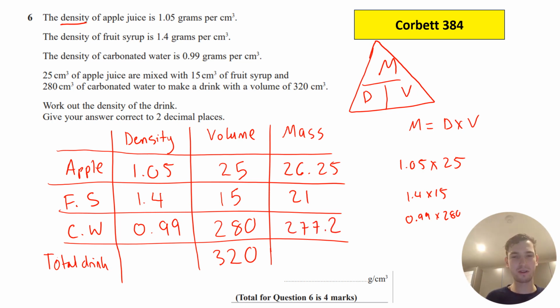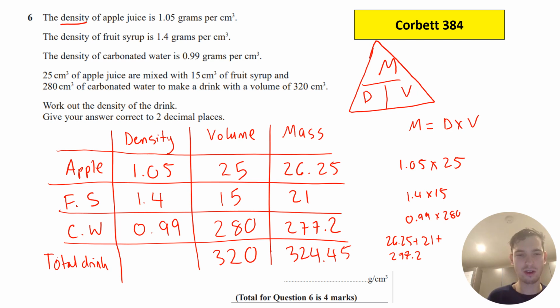Now I can also add up the masses. So if I add up all of the masses, 26.25 plus 21 plus 277.2, I get 324.45.